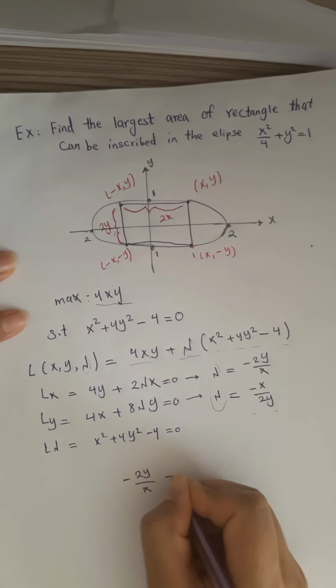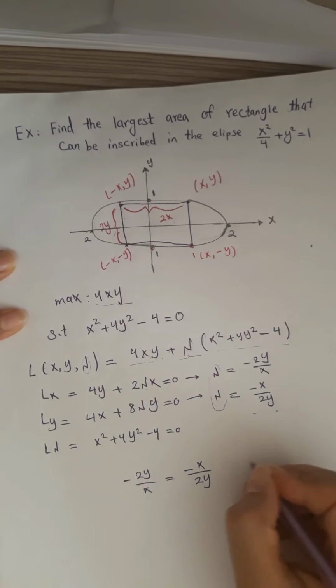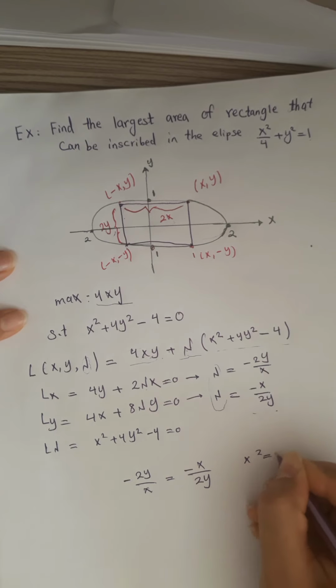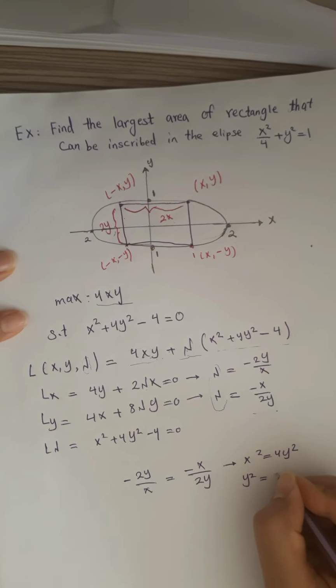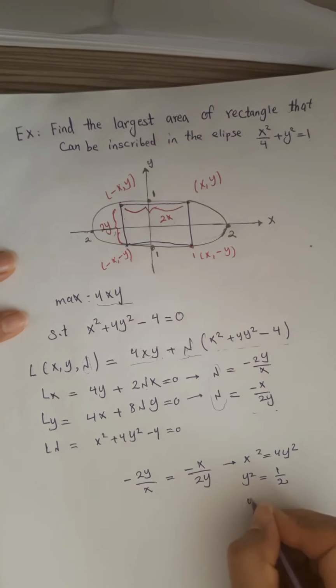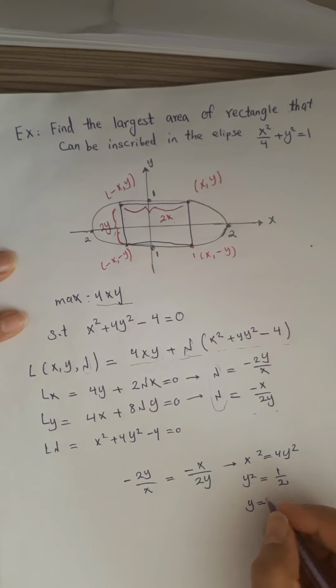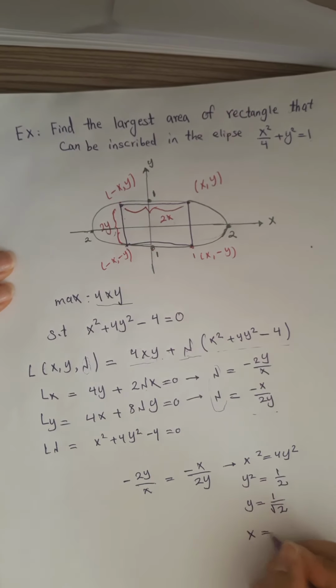So we can put it like this: minus 2y over x will be equal to minus x over 2y. Here we will have x squared equal to 4y squared, and y squared will be equal to 1 over 2, and y will be equal to 1 over square root of 2. And from here, x will be equal to square root of 2.